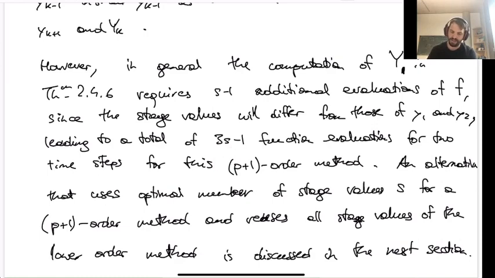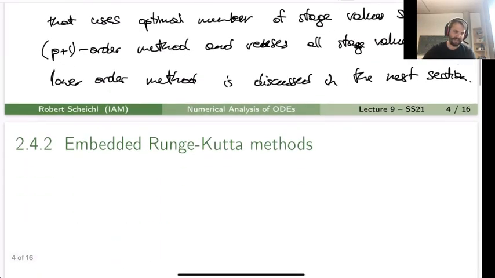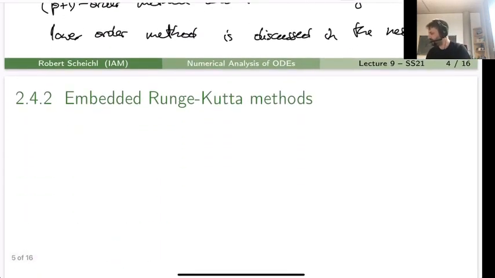So this means it's essentially 3 half s minus a half, which is more than the Butcher barriers tell us for a p plus 1 order method. For lowish p's, a p plus 1 order method requires only maybe p plus 2 stages or even p plus 1 stage. So embedded Runge-Kutta methods are the alternative.